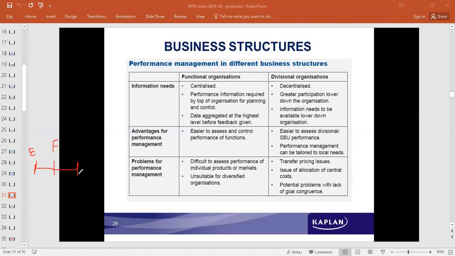So the authority is delegated to the manager, because the manager will now be taking up the responsibility of the division or the department. To take decisions related to that department, authority has to be given.